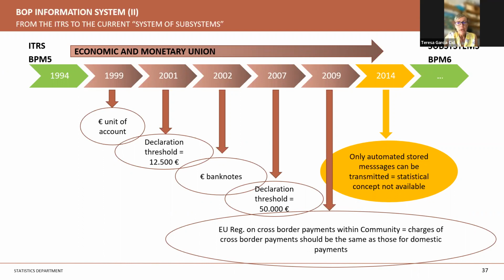This disappearance was due to the fact that transactions within the community should have the same cost as domestic ones. So banks were not able anymore to give us the information that we required without additional cost. So we lost a very important piece of information, and we had to abandon the previous system.